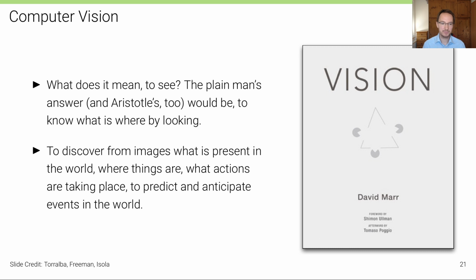Or, in other words, to discover from images what is present in the world, where things are, what actions are taking place, to predict and anticipate events in the world. So this is more the robotics aspect, where we want to perform actions in the world, and in order to do actions we need to anticipate what's happening around us. We need to also make predictions about the future.